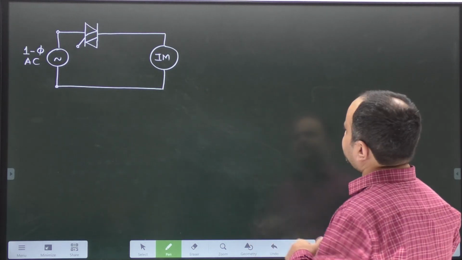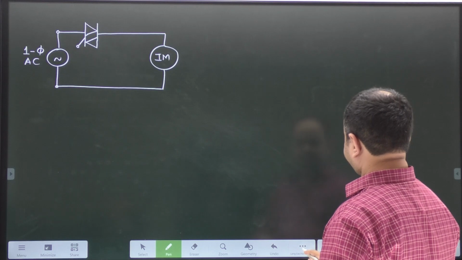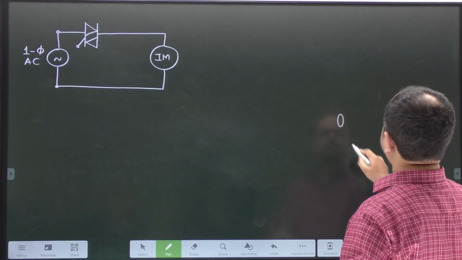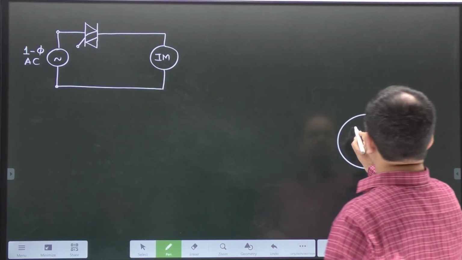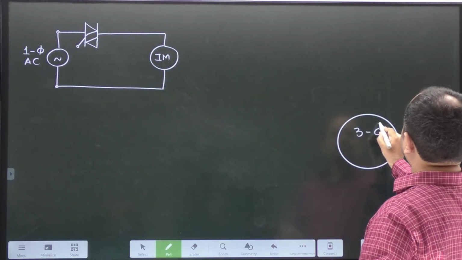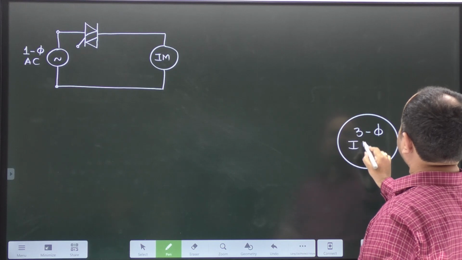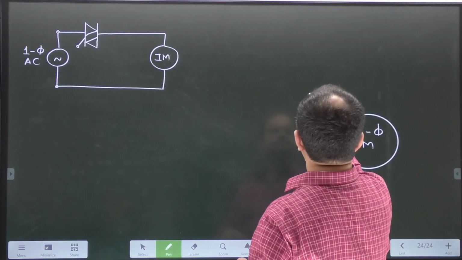Suppose if you look into the three-phase circuit, a three-phase induction motor.